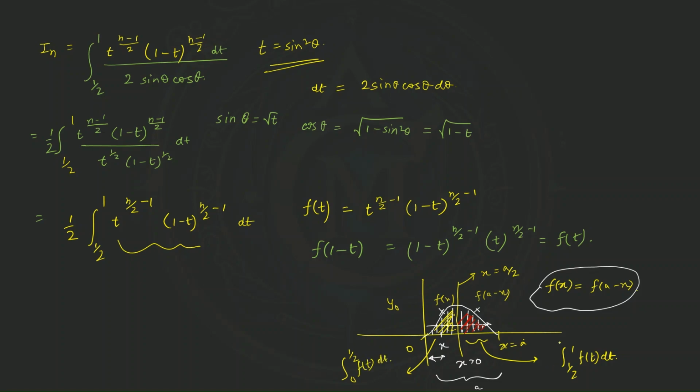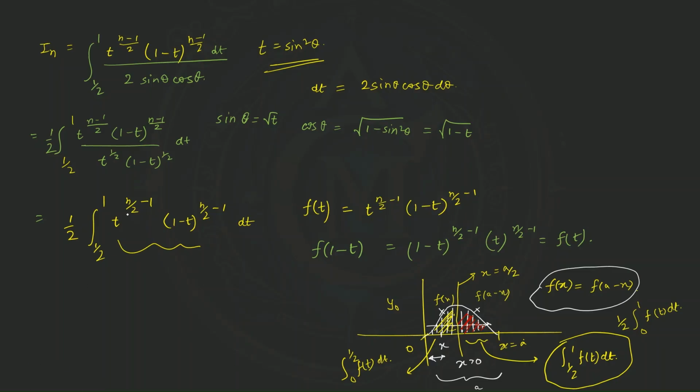So we can say this area, integral half to 1 f of t dt, will be simply half of the total area, that means integral 0 to 1 f of t dt divided by 2.